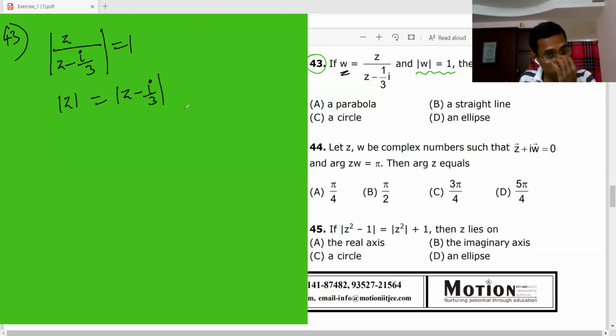Actually, you can do this in two ways. One is a very easy and simple way. Another is you can solve it. If you solve, this is going to be x square plus y square. If I square it, this is mod z whole square.